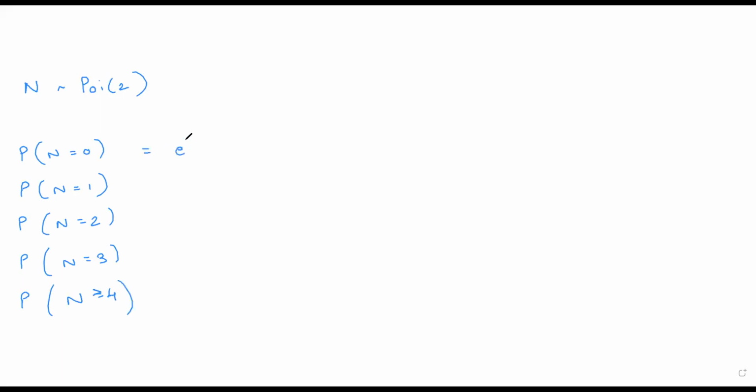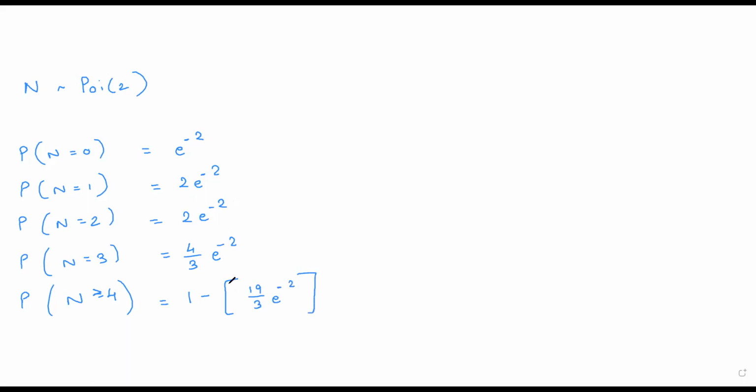This will be e to the power minus 2. This shall be 2 e to the power minus 2. This shall again be 2 e to the power minus 2. This shall be 4 by 3 e to the power minus 2. And this can be written as simply 1 minus the addition of all these 4, which will basically come out to be 19 by 3 e to the power minus 2.